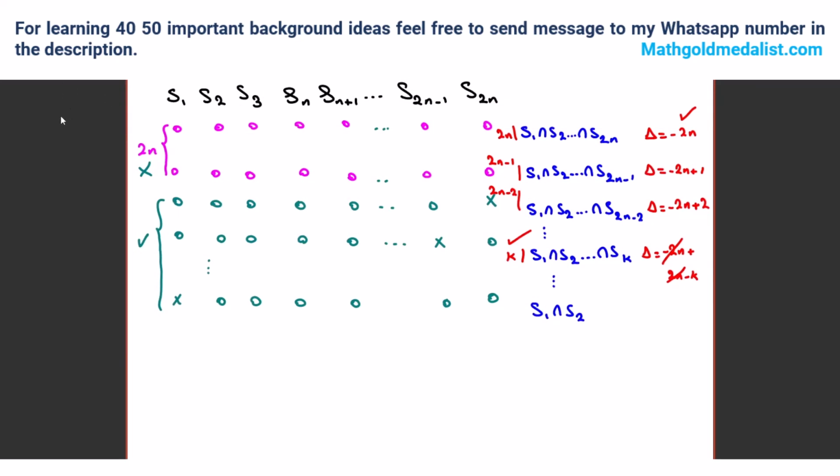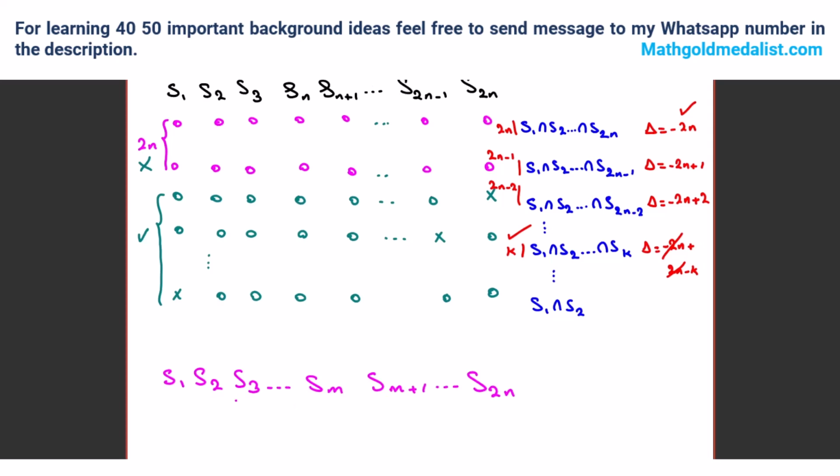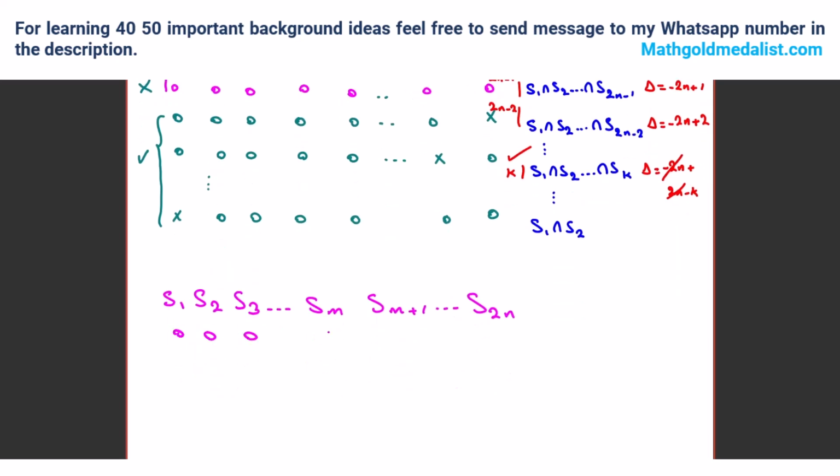For example, suppose in the middle we have S1, S2, S3 to SM. And suppose we removed all elements that are in more than M subsets, okay? So now here we have m. It is multiple of m, right?